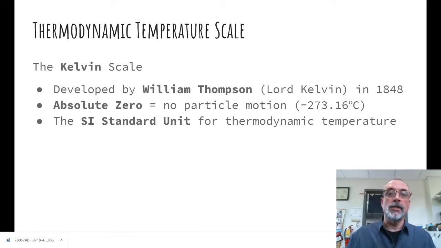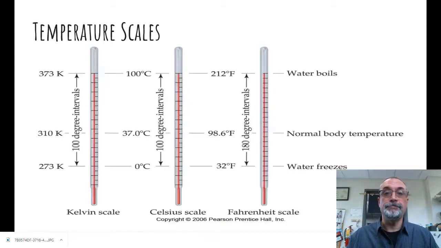It corresponds to a Celsius temperature of minus 273.16 degrees. It's really cold. It's also a theoretical temperature, which means it's impossible to reach with our current technology and with the laws of physics. You can't actually get something to absolute zero. But the Kelvin scale is the standard unit for measuring thermodynamic temperature. And there's a reason why it's used more than the Celsius scale when we're talking about thermodynamic temperature. We'll talk about it in just a second.